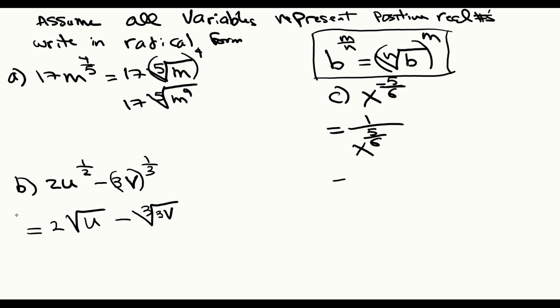And now we go ahead and write the denominator as the 6th root of x, and then raise that to the power of 5. And I'm going to write equals, and you should pause the video and write the other form. That's also correct.